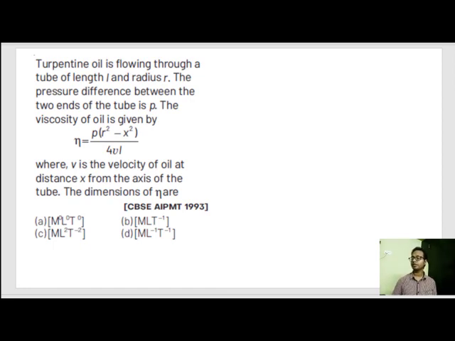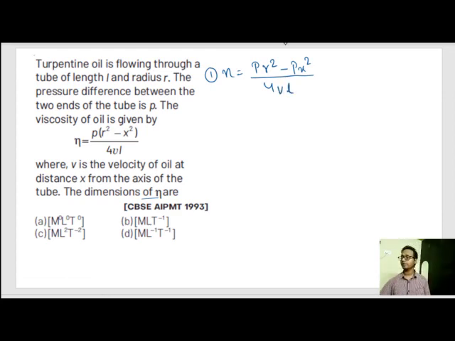The dimension of N? They have given us the formula and they are asking the dimension of N. So let's write down. P is nothing but pressure. N is equals to, let's write down the formula first. N is equals to P r square minus Px square by 4 VL.